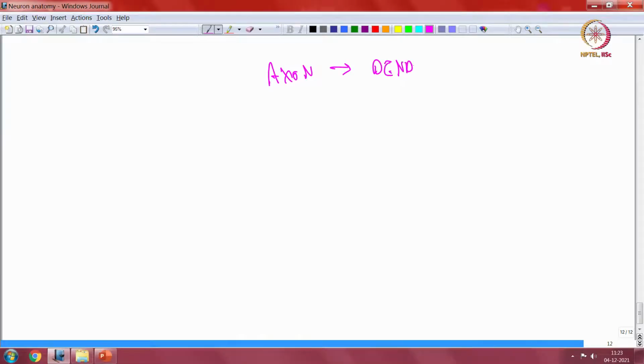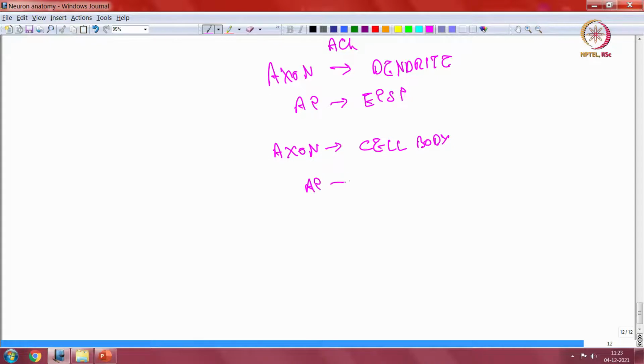Axon to dendrite, AP to EPSP. We will just look at acetylcholine. Axon to cell body, AP to AP, and axon to axon, AP to AP again, but there are differences.